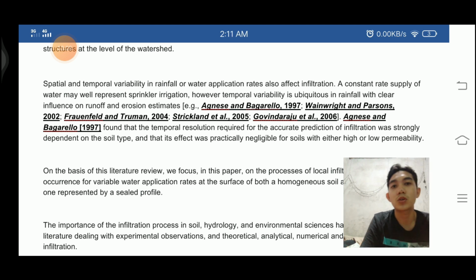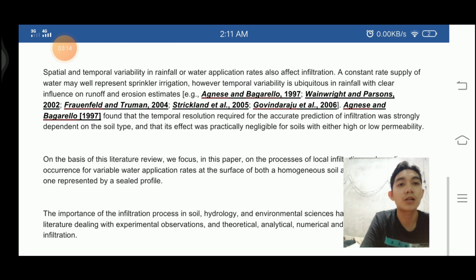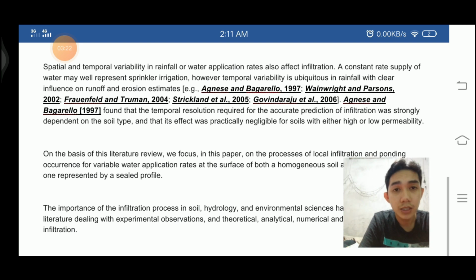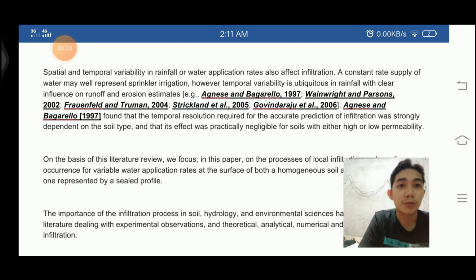Concentrated supply of water may well represent sprinkler irrigation. However, temporal variability is ubiquitous in rainfall with clear influence on runoff and erosion estimates. These researchers found that the temporal resolution required for the accurate prediction of infiltration was strongly dependent on the soil type and that its effect was practically negligible for soils with either high or low permeability.